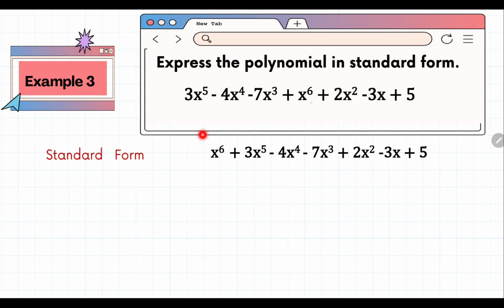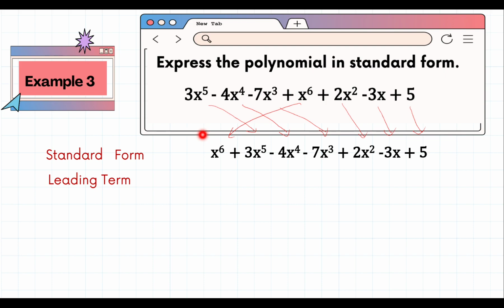The highest exponent is 6. So we have there x raised to 6. Then the exponent 5, exponent 4, exponent 3, exponent 2, exponent 1, and the one without the variable, or the constant. All right?